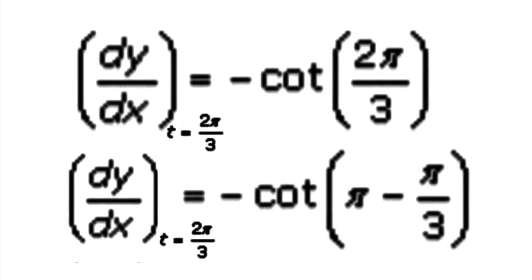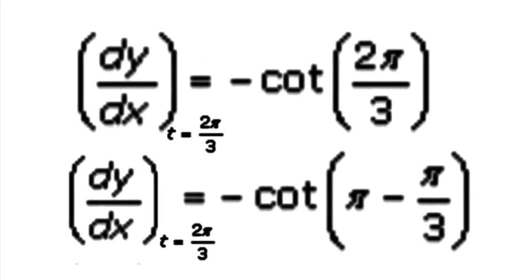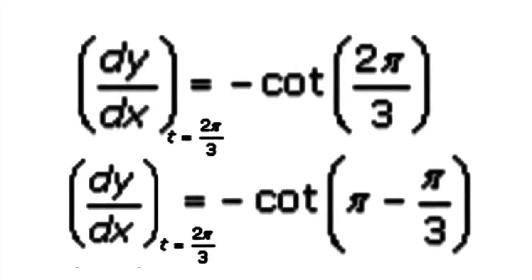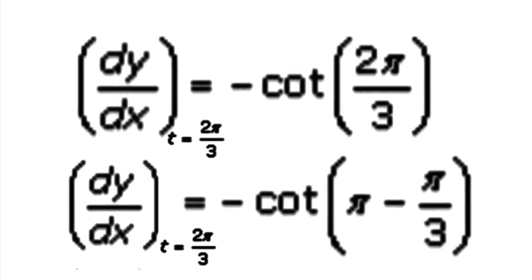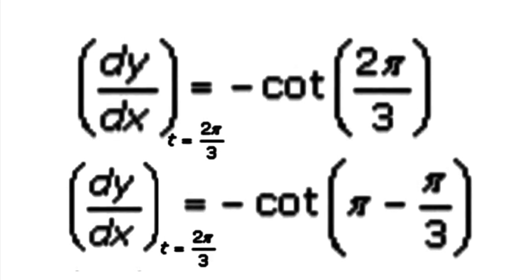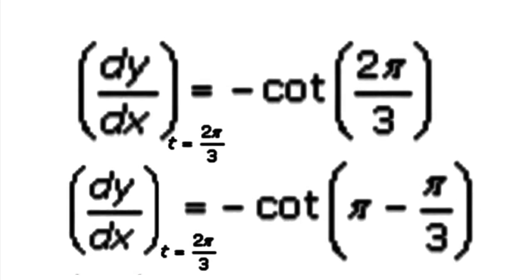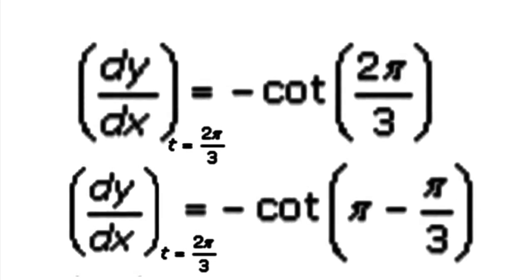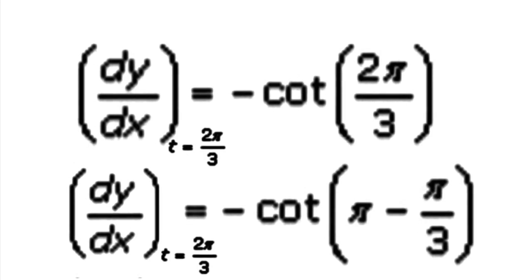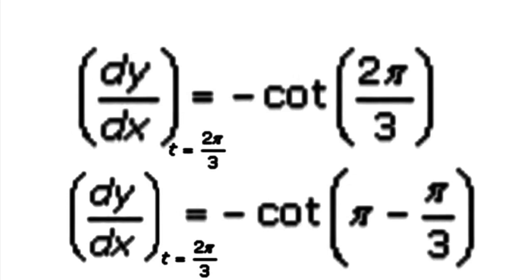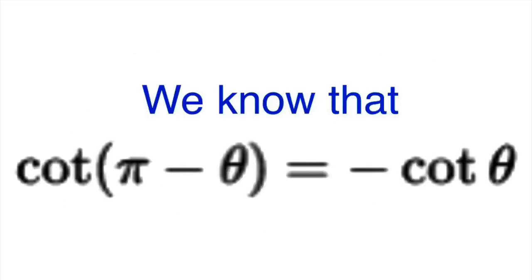Now, we are going to split up 2 pi upon 3 as pi minus pi upon 3. Therefore, dy upon dx at t equals 2 pi upon 3 equals minus of cot of pi minus pi upon 3, which is an allied angle.